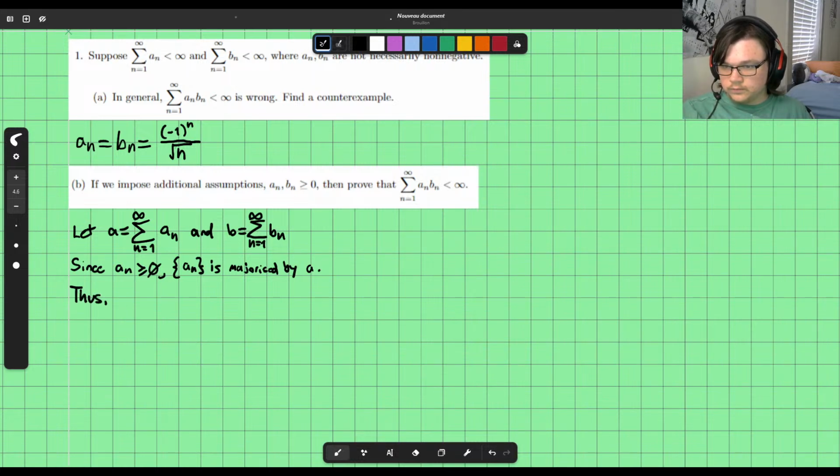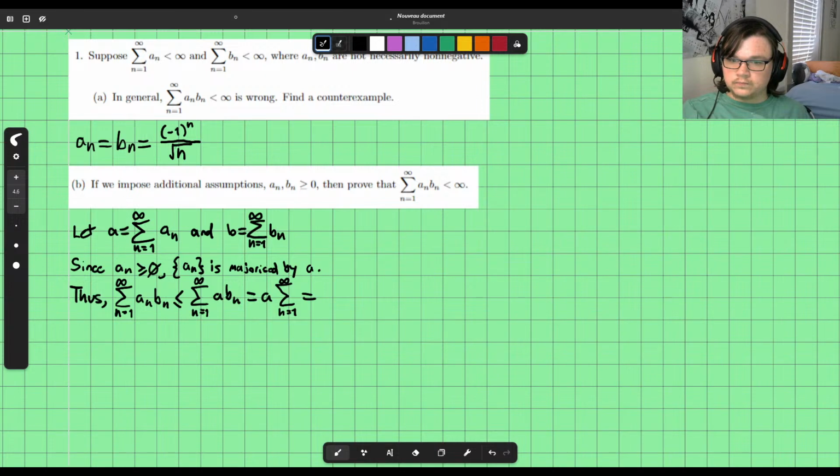Thus, the sum from n equals 1 to infinity of a sub n, b sub n, is less than or equal to the sum from n equals 1 to infinity of a times b sub n, which is equal to a times the sum of b sub n, which is less than infinity.